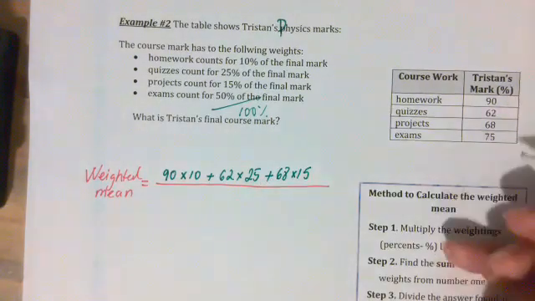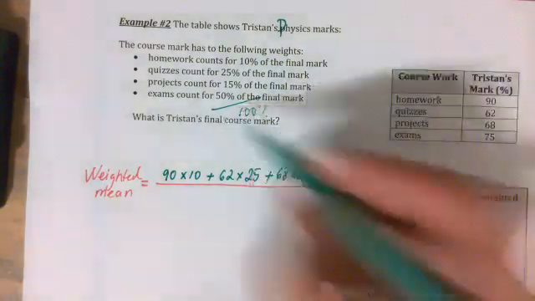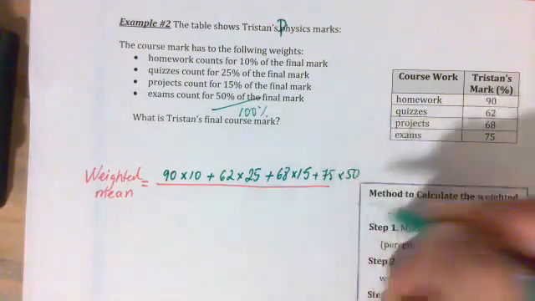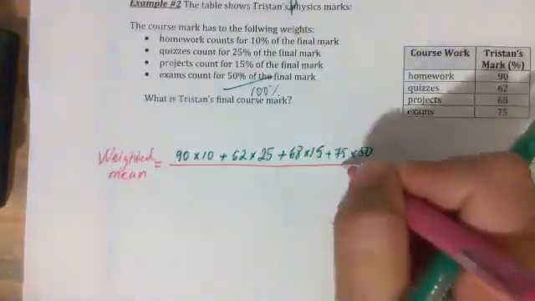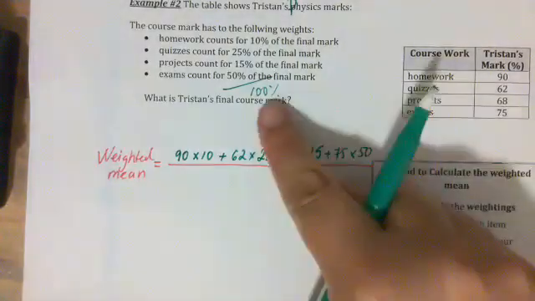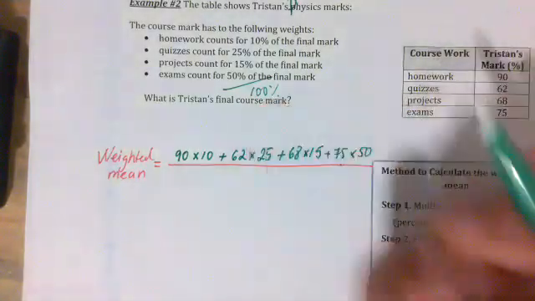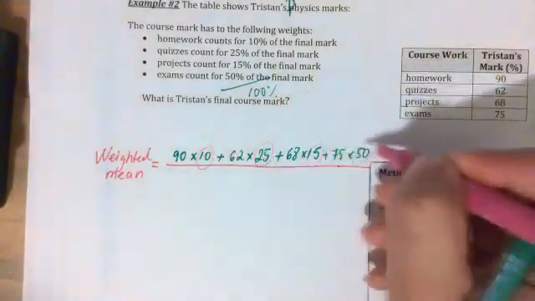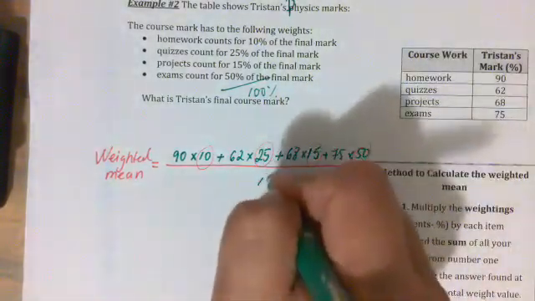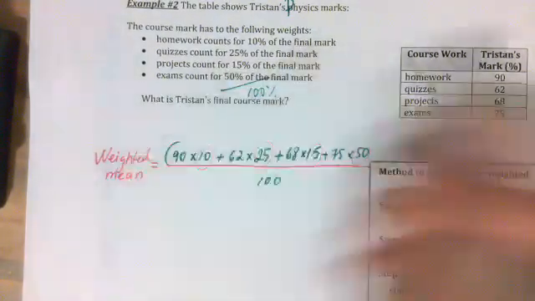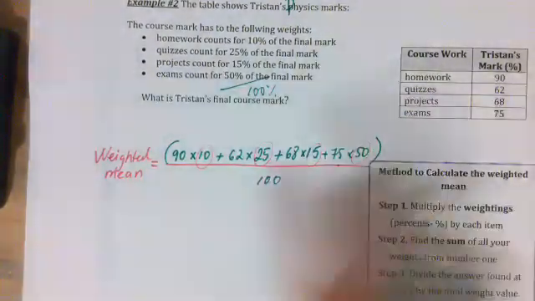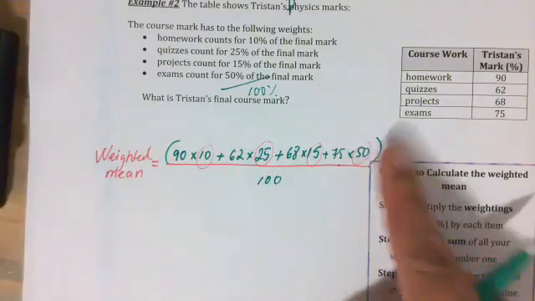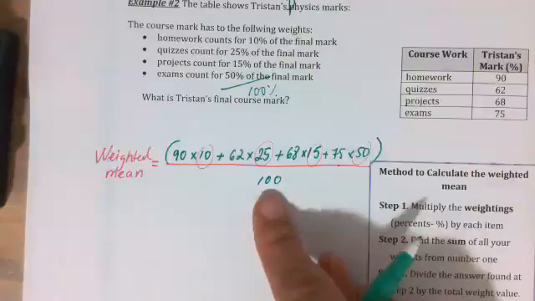And then exams, he got 75%, so 75 times 50. And then divide by the total weight, which is 100. So all of these are the weights. Total weight is 100%. Also, if you have a calculation that has multiple items, make sure you do equals here, get the final amount there, and then divide by 100.